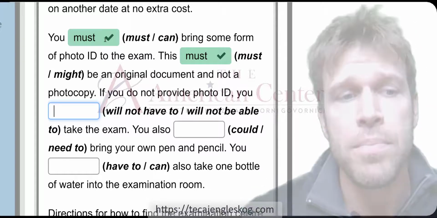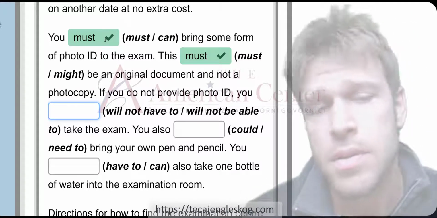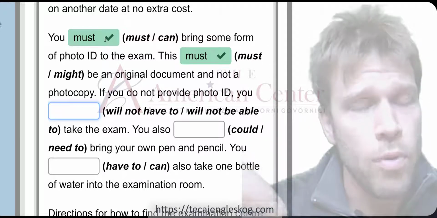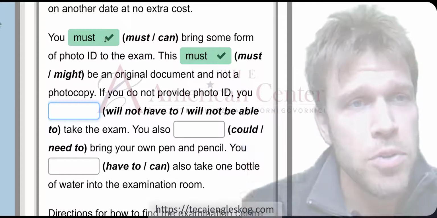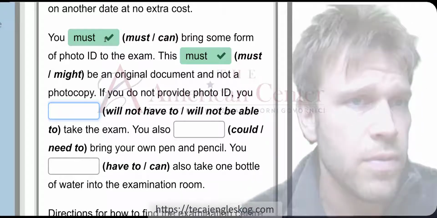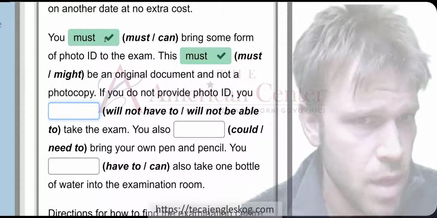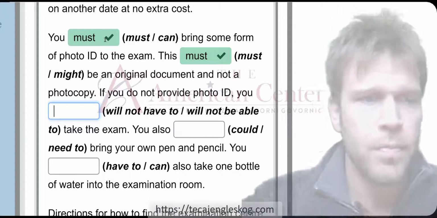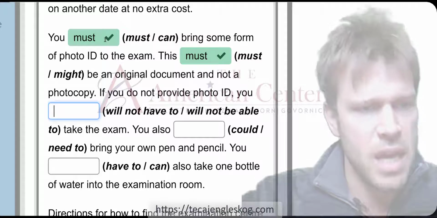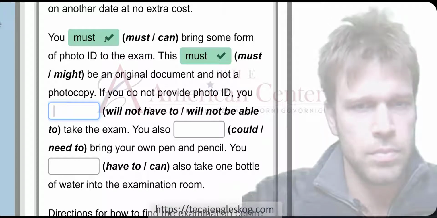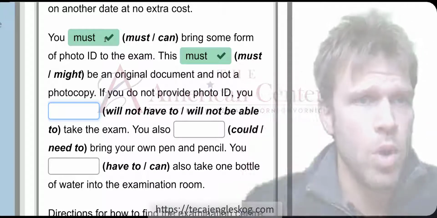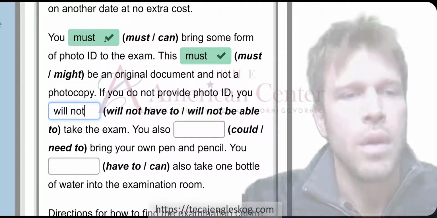So this is actually, again, a future modal form of can, for ability or permission. Okay, so you will not be able to. Okay, will not, or we could say you won't be able to.